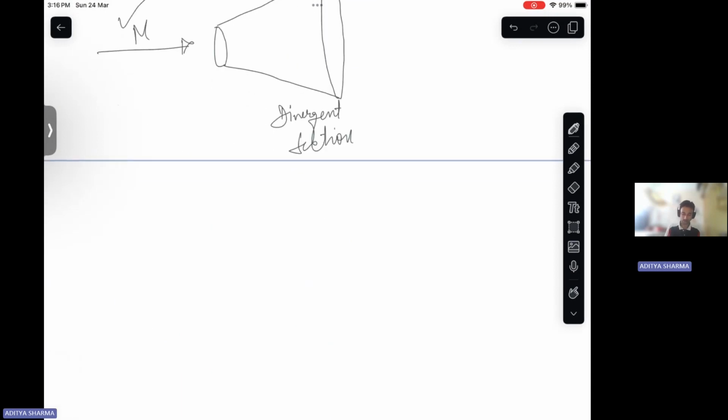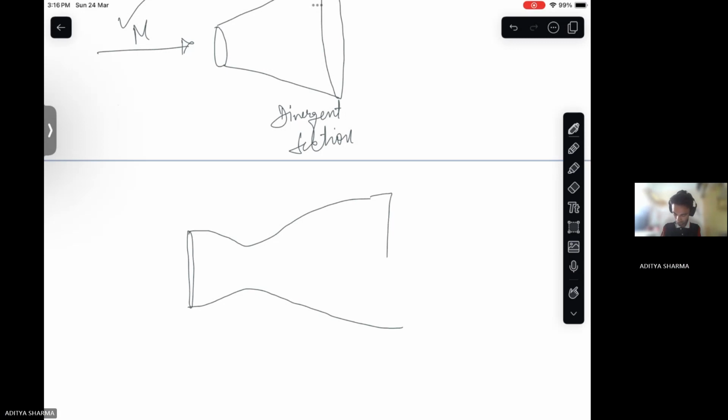So I'll just draw another nozzle, something like this. Right, so this is the throat.